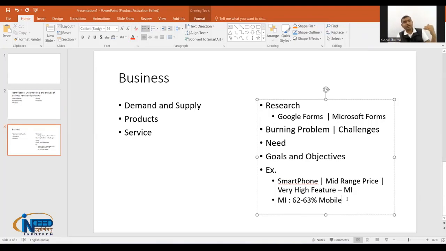The first goal was to become the best or highest provider of mobile feature phones, and they were able to achieve it. And the second thing now is how they will be able to remain at 62 to 63%, or how they will maintain the kind of profit they are generating with a 60 to 63% market.